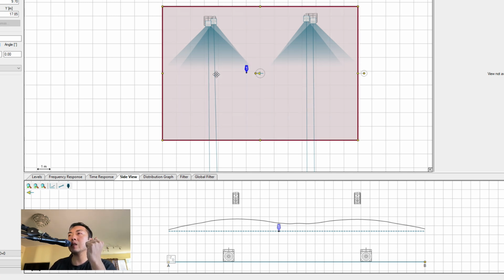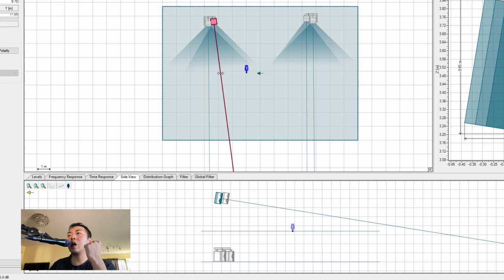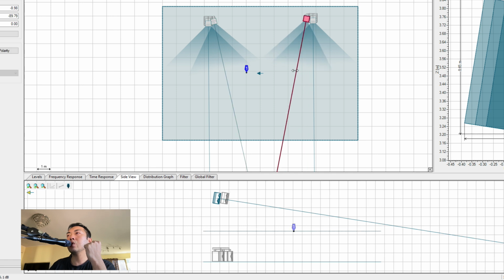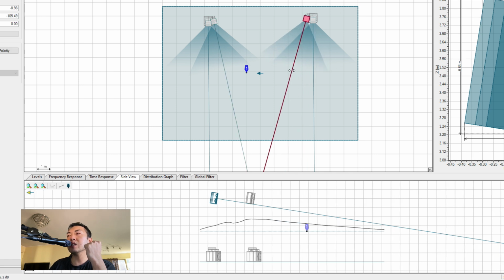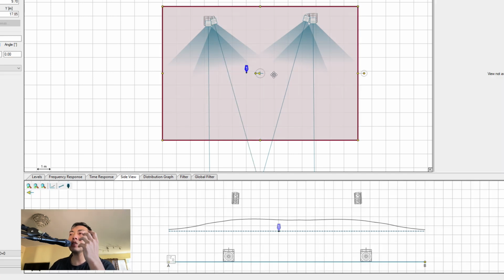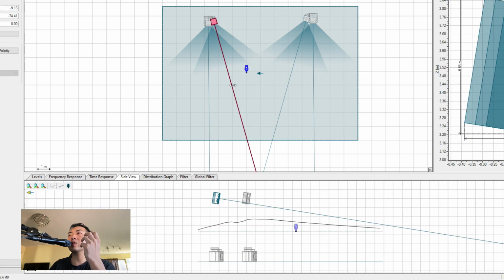So what people should do is slightly toe the speakers in and turn them in so it faces the sound away from the corners. Now, with bass it doesn't matter so much, because bass frequencies are what we call omnidirectional. They go everywhere.